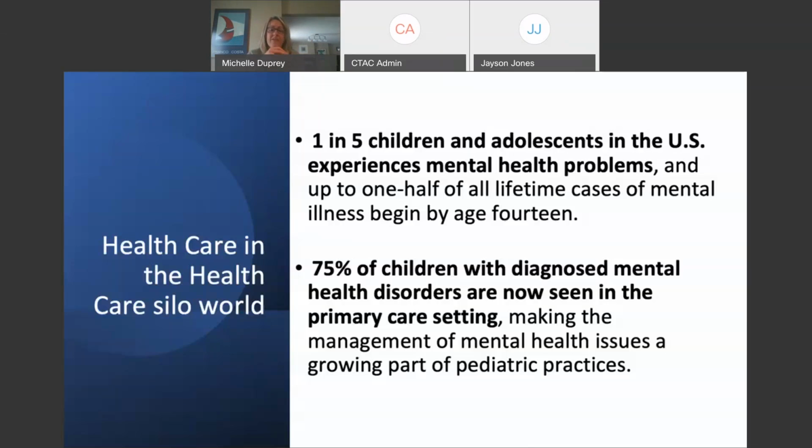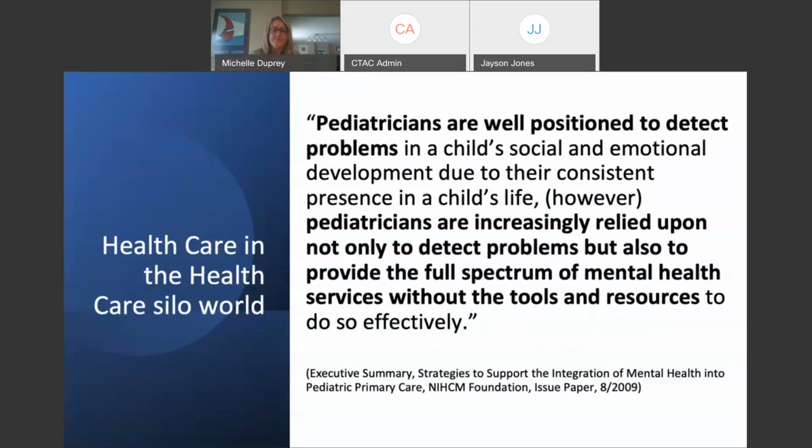When you think about 75% of children with diagnosed mental health disorders being seen in the primary care setting, that makes their management showing up in a place where social workers, psychologists, counselors, mental health professionals normally aren't. We're sitting over here in our mental health world, waiting for the client to come to us. And that really hasn't worked in the history.